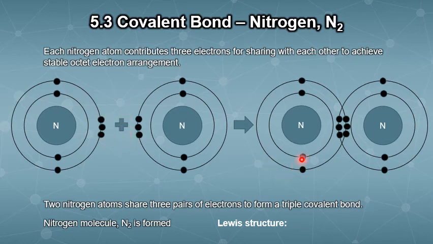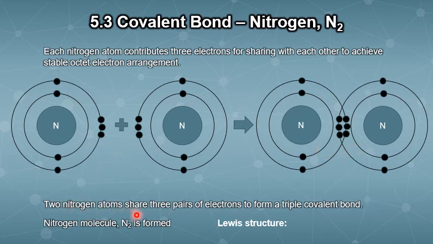So you can see the product here, it contributes 3 electrons for sharing with each other. So 1 pair, 2 pairs, 3 pairs. We count the valence electrons, 1 2 3 4 5 6 7 8. Now both have 8, so they have already achieved stable octet electron arrangements.